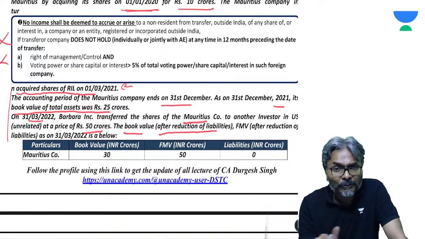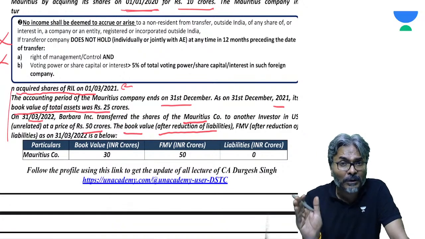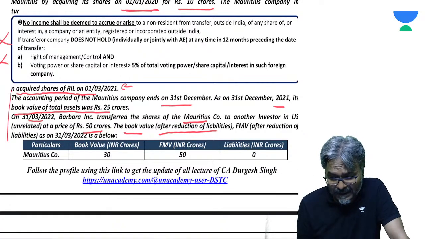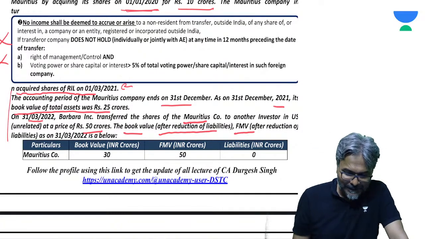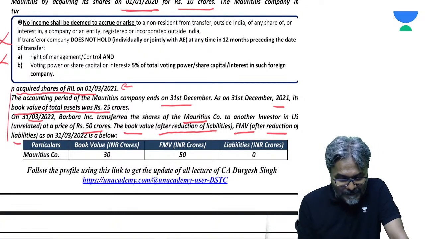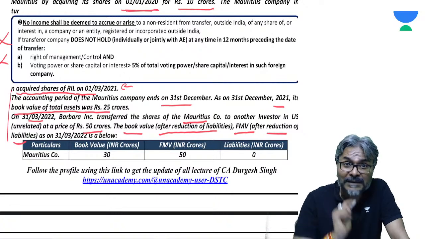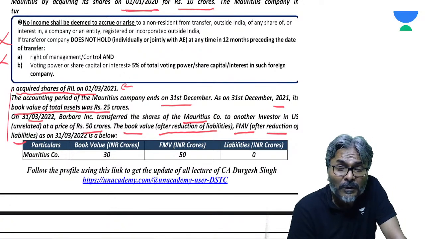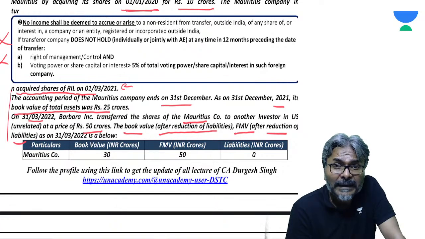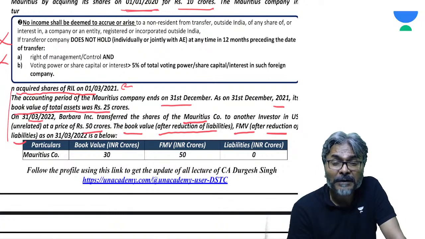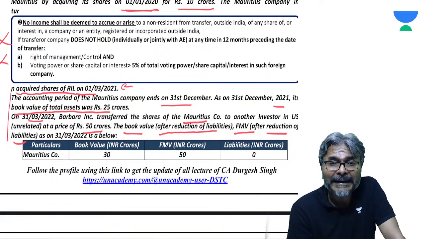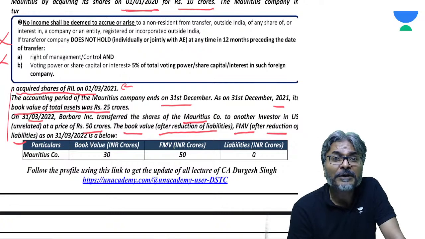The book value after reduction of liability. For book value, we don't get ourselves bothered about the liability reduction, but for fair market value, after reduction of liabilities, this is what I told you just now. When you have to determine the fair market value for the purpose of the indirect transfer question, then the fair market value has to be added with any corresponding liability which has been reduced.